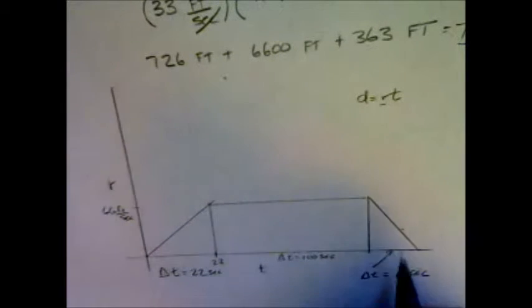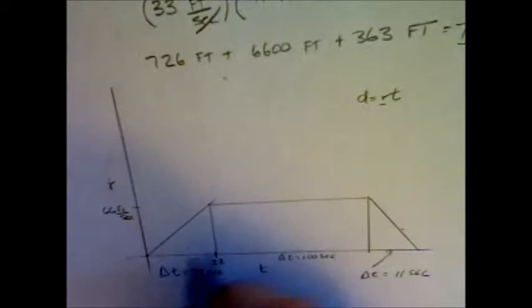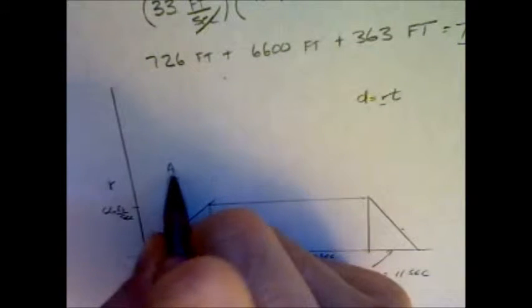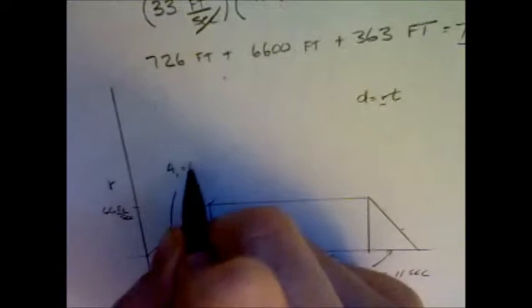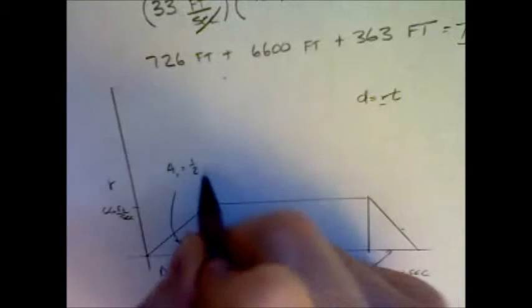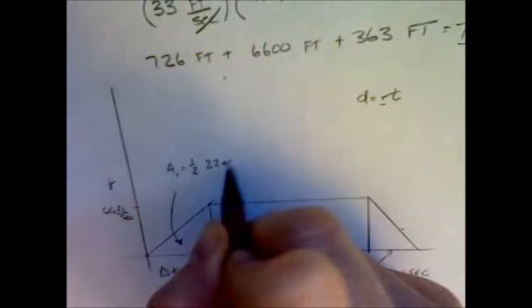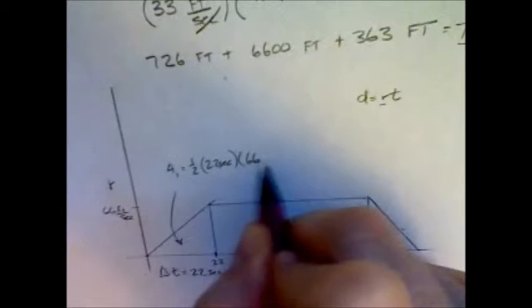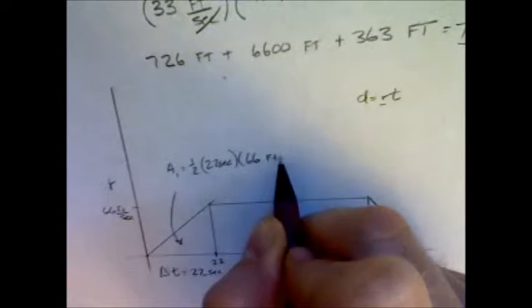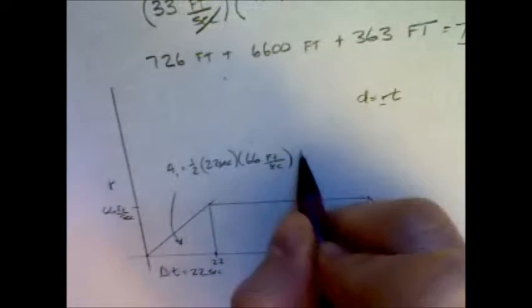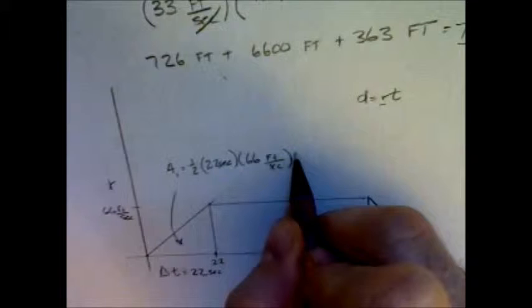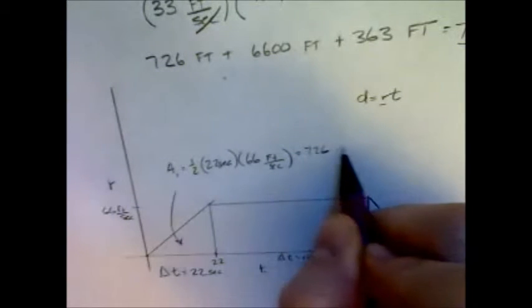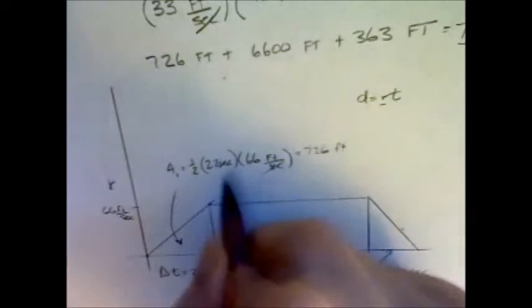Well, if I wanted to find the area of this, it is going to equal 1/2 the base, which is 22 seconds, times the height, which is 66 feet per second. Okay? And we do that math, and we find out, whoa, this is 726 feet, because seconds cancel.